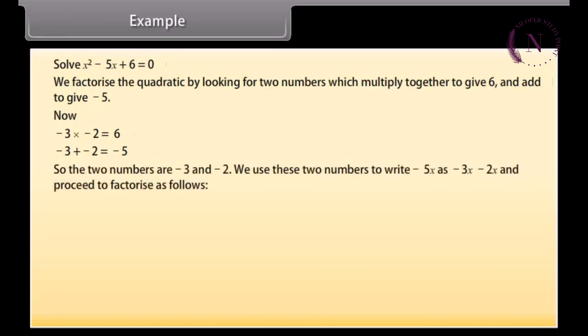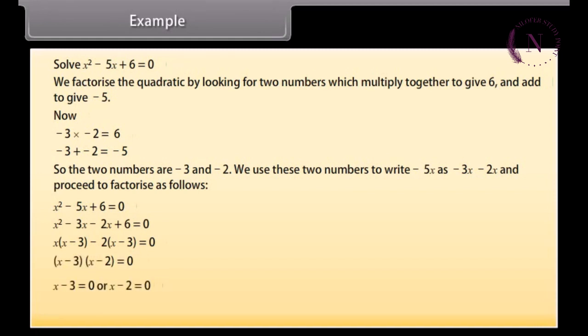So the two numbers are minus 3 and minus 2. We use these two numbers to write minus 5x as minus 3x minus 2x and proceed to factorize as follows. From which x minus 3 is equal to 0 or x minus 2 is equal to 0, so that x is equal to 3 or x is equal to 2. These are the two solutions.